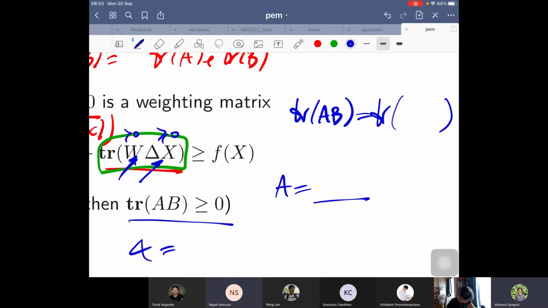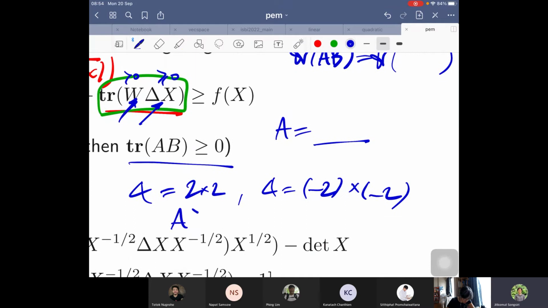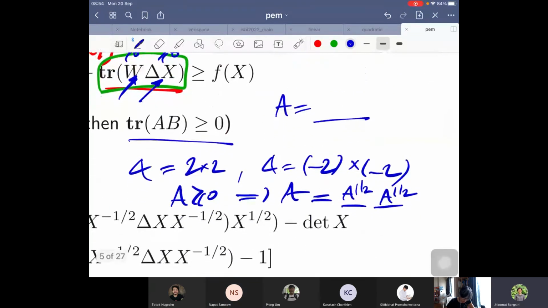Like 4 can always be factorized as 2 times 2. 4 can also be factorized as -2 times -2. We deal with quadratic factors all the time. If A is positive definite, A can be factorized as A to the power of 1/2, the square root, or you can use other terms.